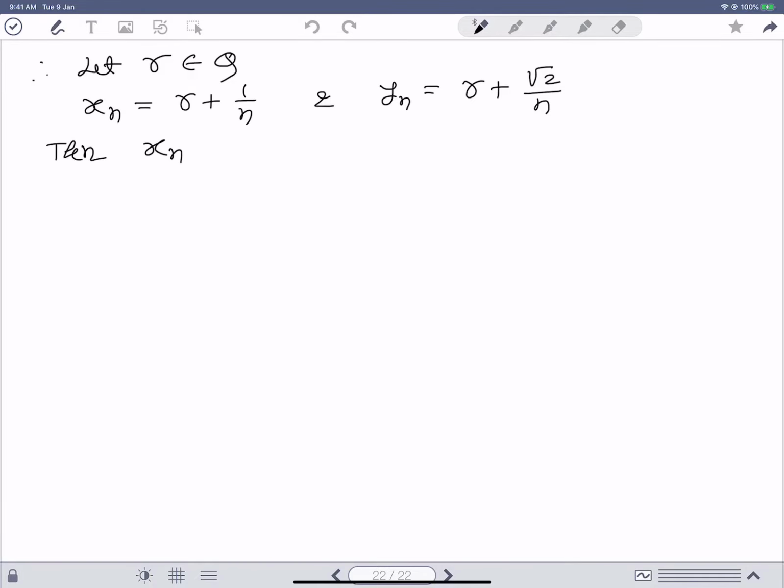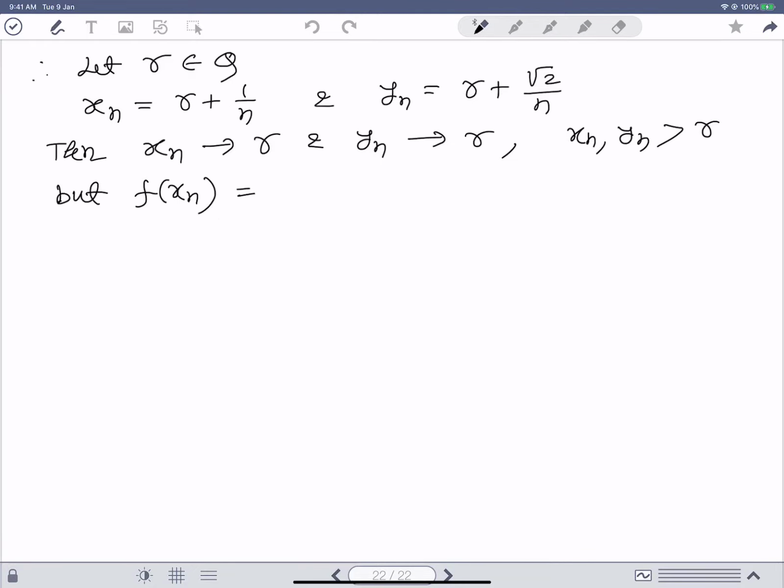Now x_n converges to r and y_n also converges to r, and also x_n, y_n all are bigger than r, right? But what is my f of x_n?